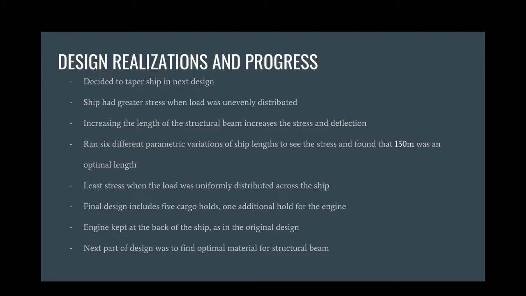We did several parametric variations of ship length to see what the stress would be and how it would change. We found that 150 meters was an optimal length for the ship, and since this fit into the Panama Canal design constraints, it worked well.